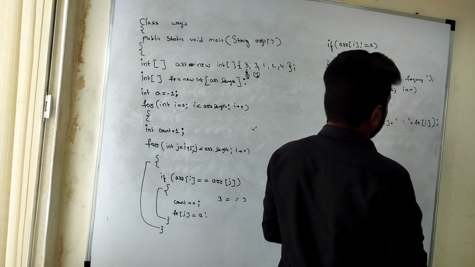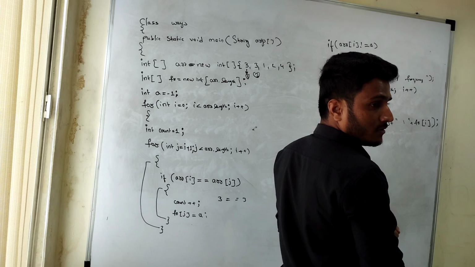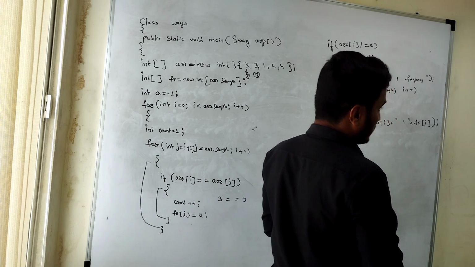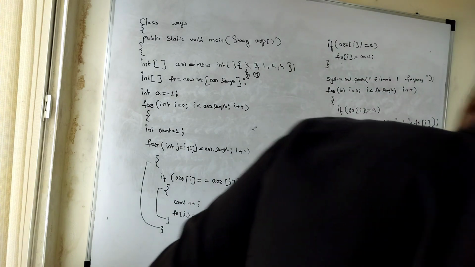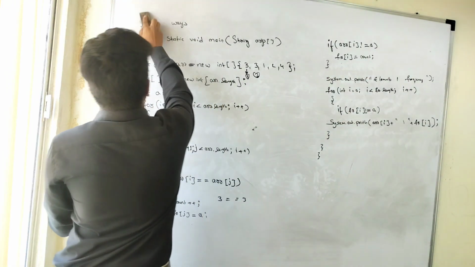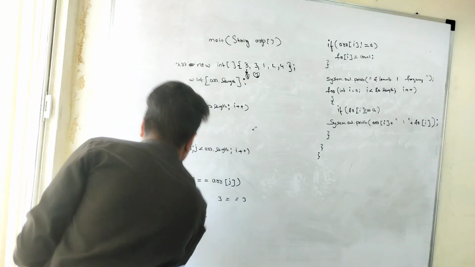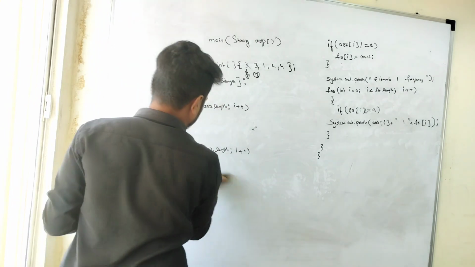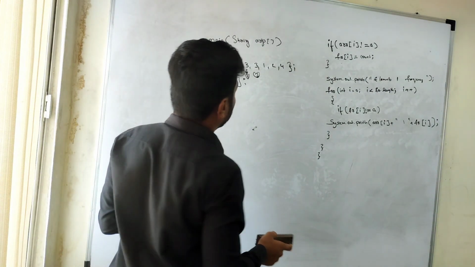So can you write down another program? Find out the minimum and maximum elements in the array. Do you know the program? How can you find the minimum and maximum elements in the array?